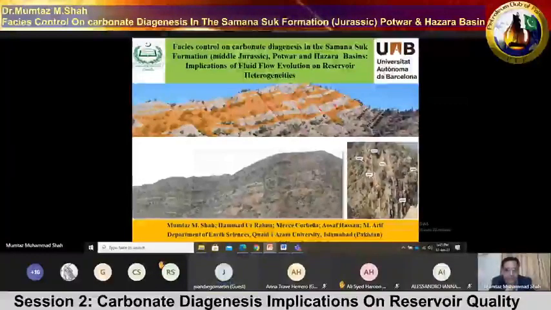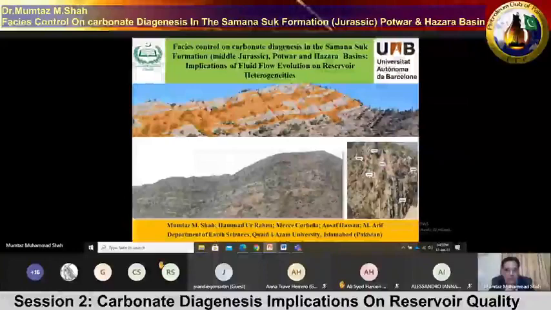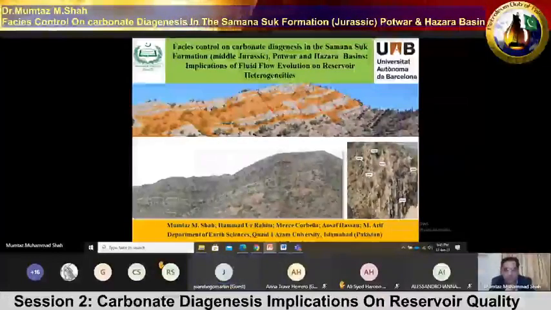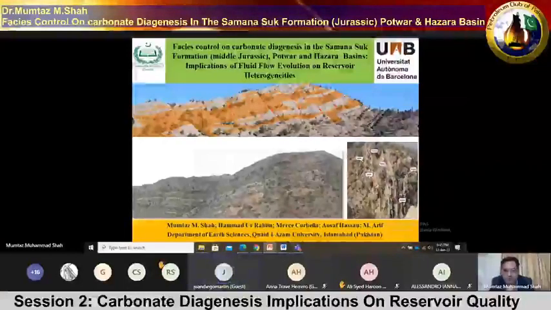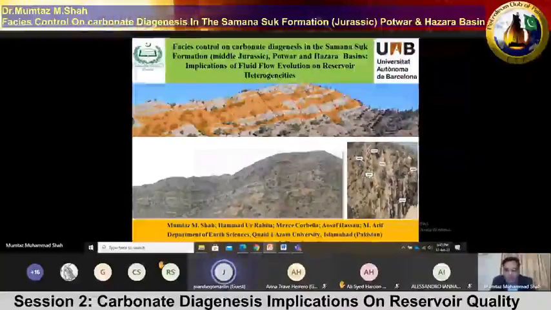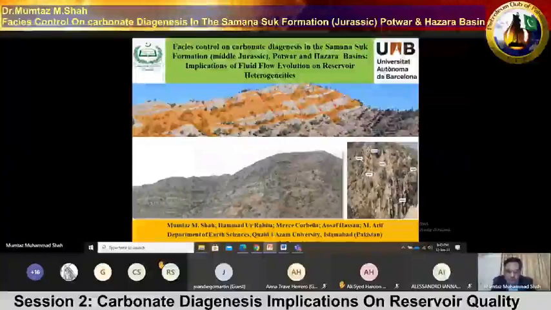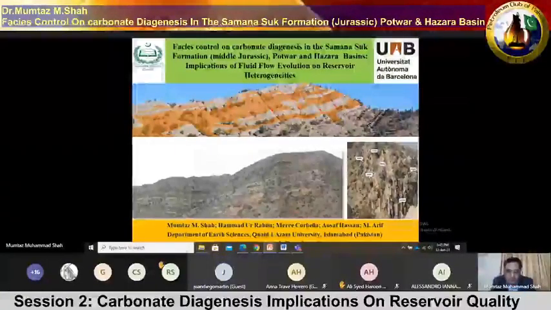This study area is located in between, along the MBT, and we have multiple sections which we measured and studied. Different locations, 1, 2, 3, 4, 5, have been studied, which I will present in this particular presentation.